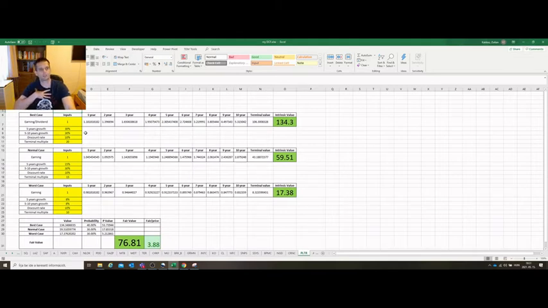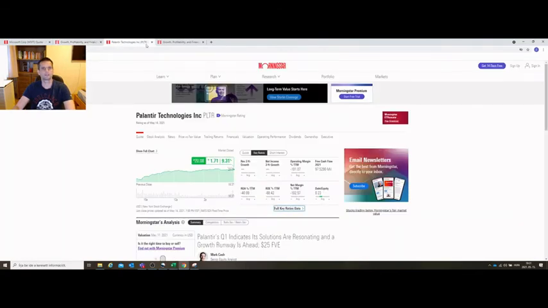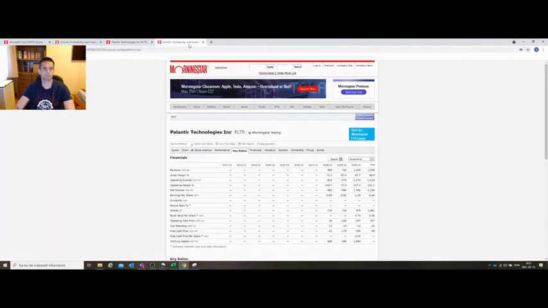This is a much harder job than estimating Microsoft, because if Palantir fails, then the share price can go to 0. If you go to the Palantir stock price, this is $20, and check the full key ratios, we can see Palantir has negative earnings.